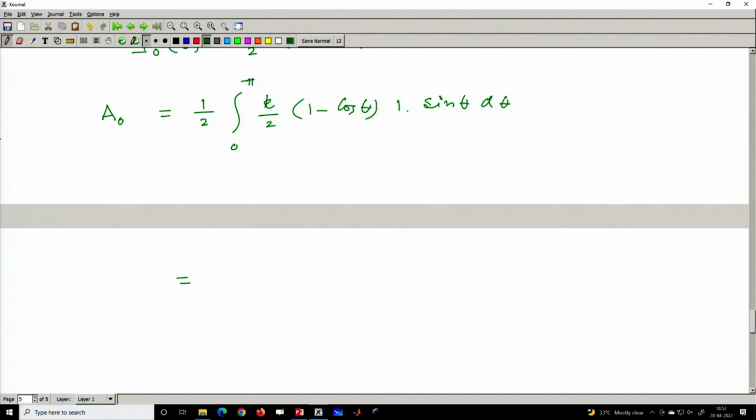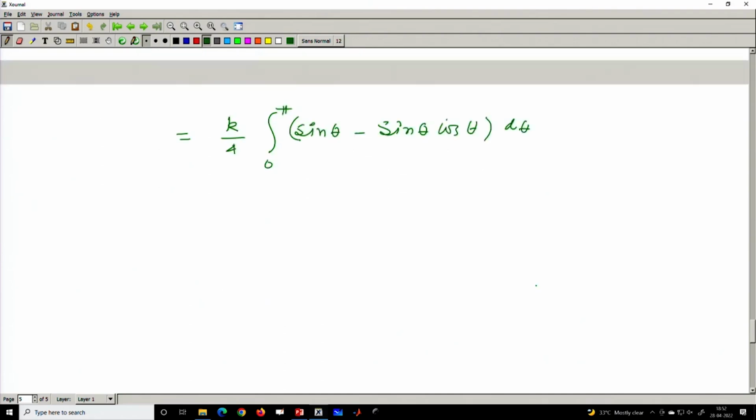So we have k by 4, then integration 0 to pi of sin theta and then minus sin theta cos theta, d theta.